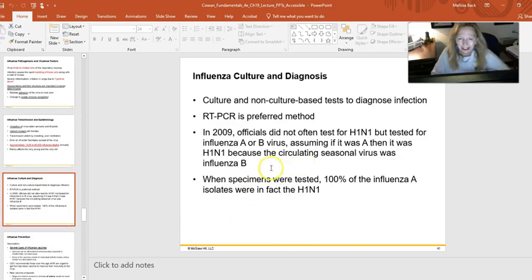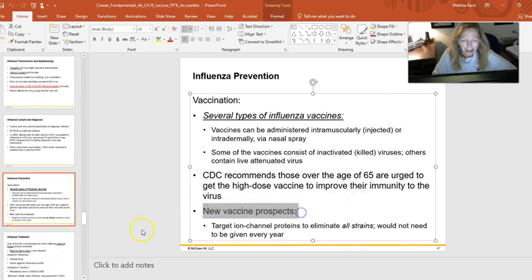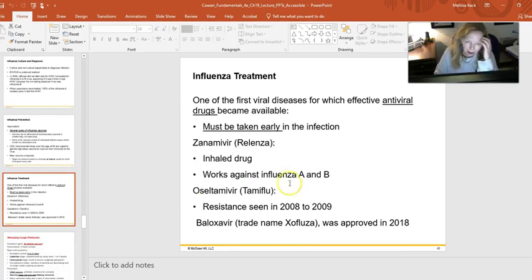We can diagnose through direct serology testing, is how that diagnosis typically occurs. And again, there are new vaccine prospects, and we are looking forward to that. So maybe the annual vaccines can be replaced by a one-time thing, and then maybe boosters later on. So for influenza, just like any virus, the treatment has to occur early.